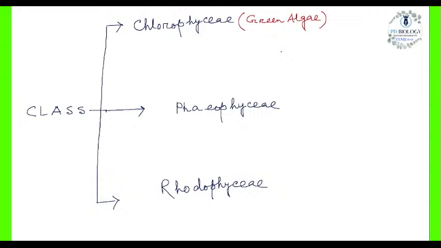They have cellulosic cell wall, starch as food reserve, and both chlorophyll a and chlorophyll b and carotenoid as photosynthetic pigments, very important to remember.